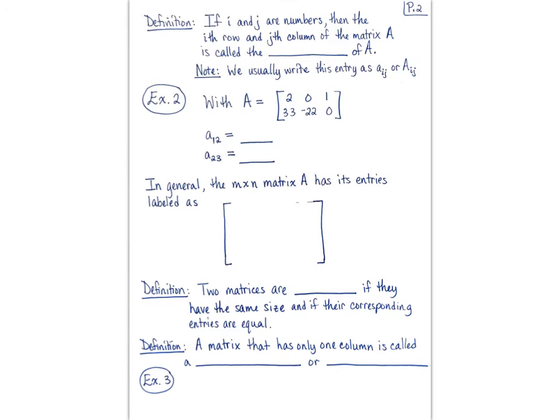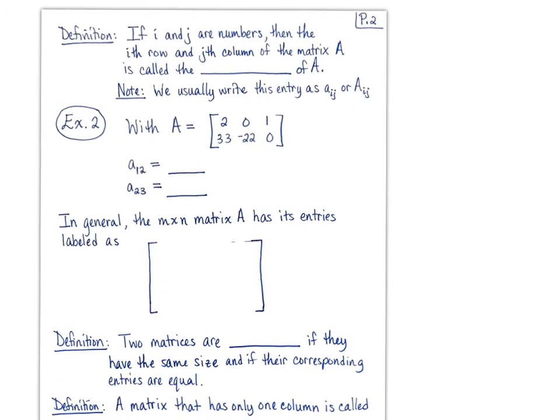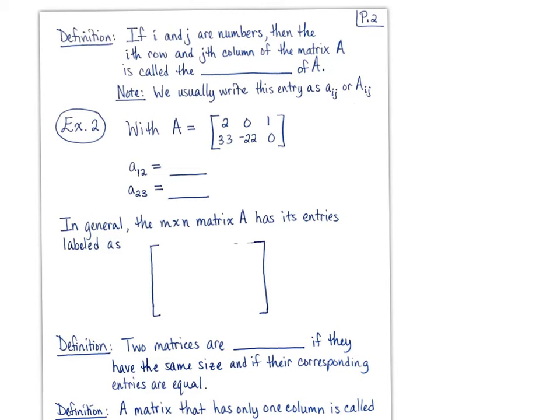Let's have another definition. If i and j are numbers, then the entry in the ith row and jth column of the matrix A is called the ijth entry of A. It just tells you where to find it. So if you're in row 2, column 3, it's the 2,3 entry. We usually write that entry as little a sub ij or capital A sub ij.